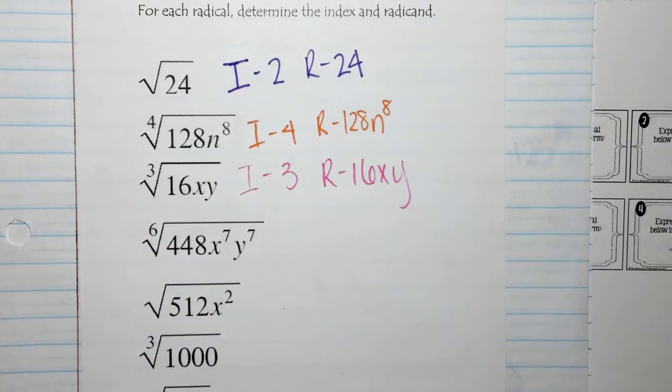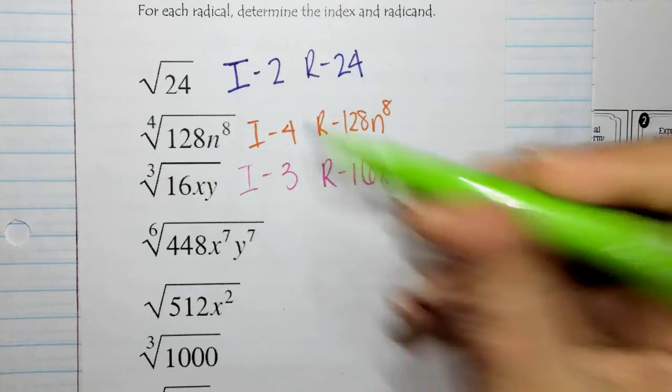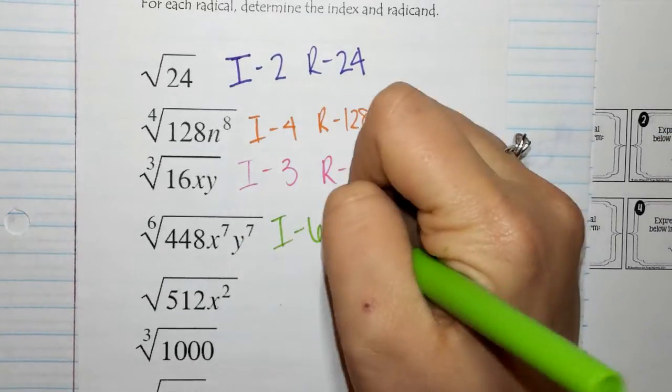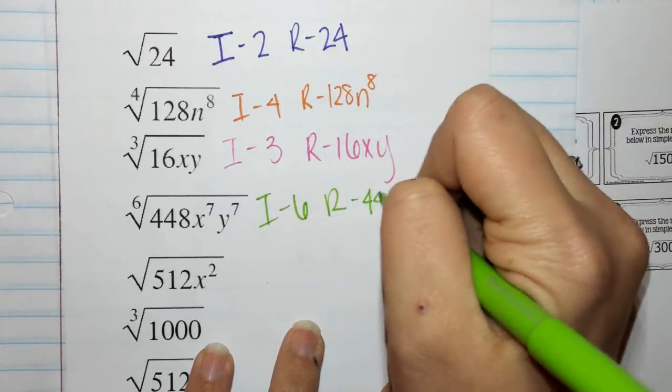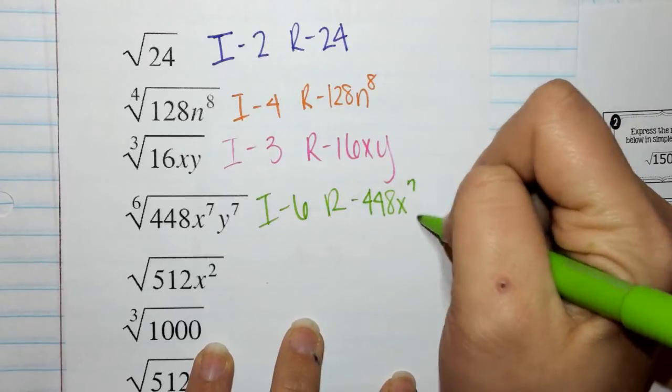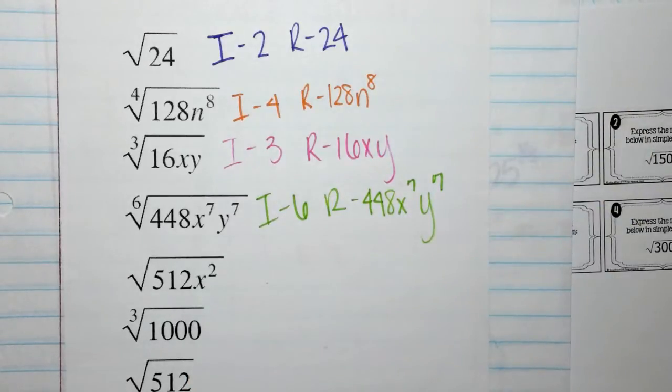Does everybody understand where I'm getting these numbers from? Ravenclaw, what is the index? 6. And the radicand? 448x to the 7th power. Fantastic. Beauxbatons, what are the index and the radicand for the next one?